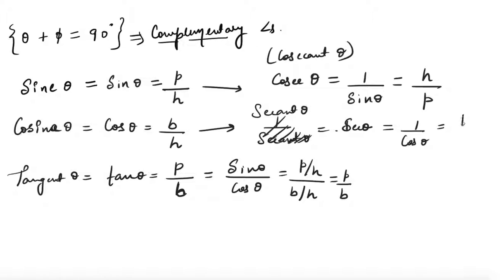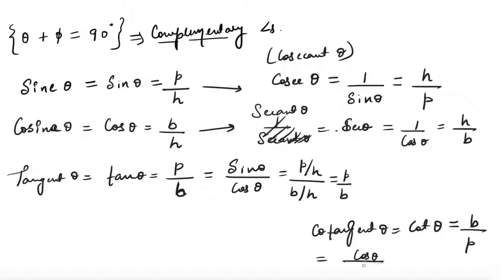So this ratio becomes H by B. Lastly, we have tangent theta or tan theta. The reciprocal of tan theta is known as cotangent theta, which is abbreviated as cot theta. So this is nothing but the ratio of B by P, or you can write this as the ratio of cos theta by sin theta.